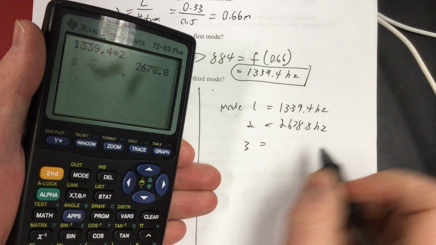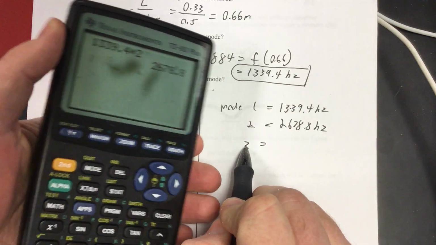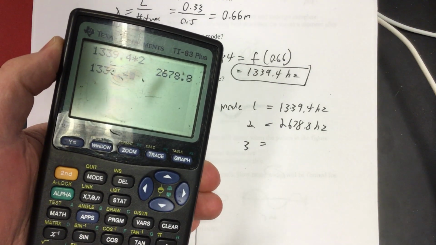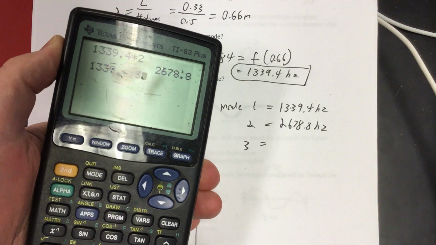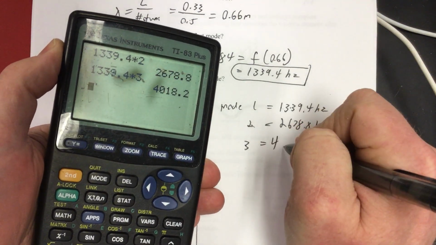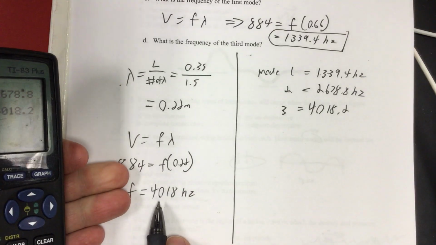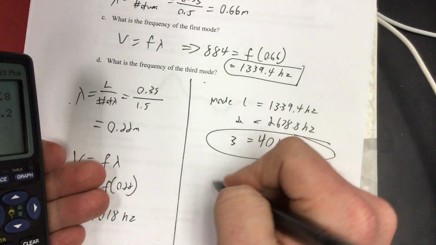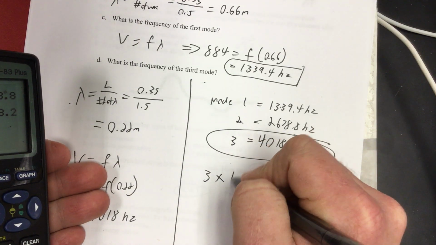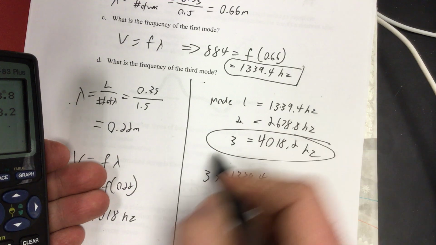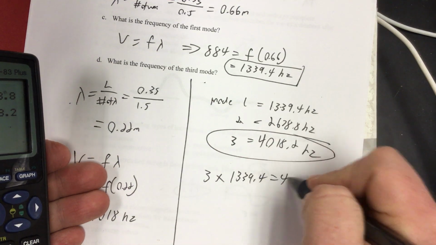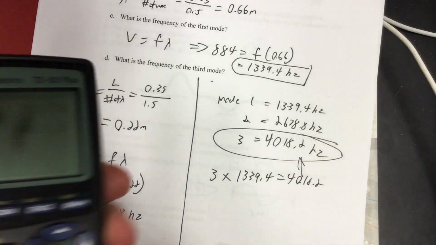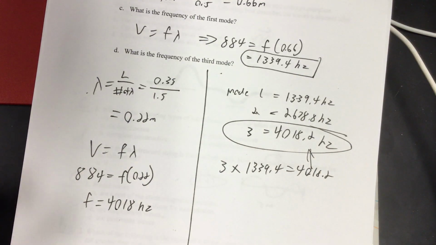And again, for the third mode, I would take this first mode and multiply it times 3. 1,339.4 times 3, and I get 4,018.2. 4,018, there it is, the same number. So if you wanted to just say 3 times 1,339.4, because you're going from the first to the third mode, you could do that. Which is where that number comes from. So either way works, whichever one makes sense to you.